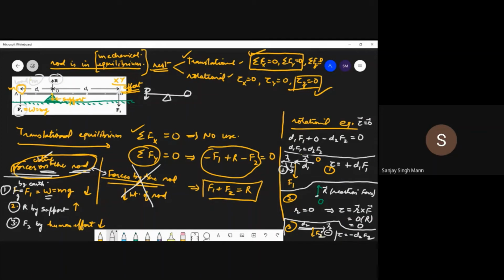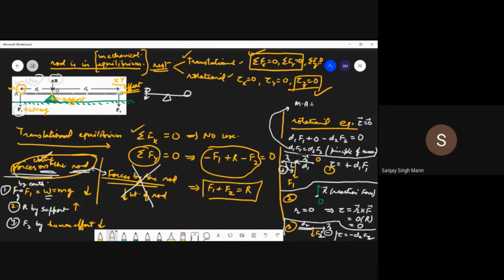So that condition is known as, what do you call this condition? The principle of moments. Okay? And from this equation, we can rewrite it as mechanical advantage.